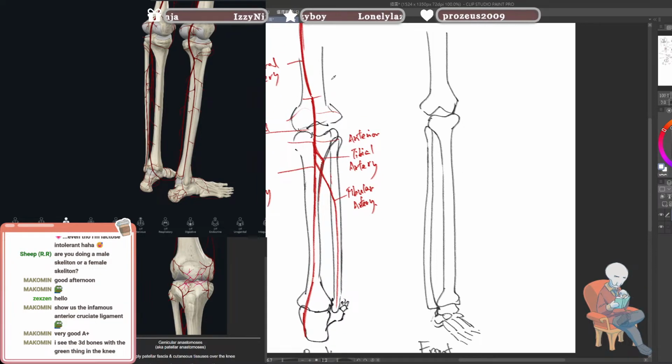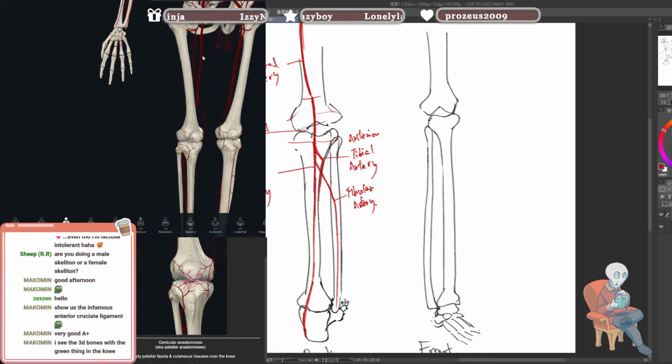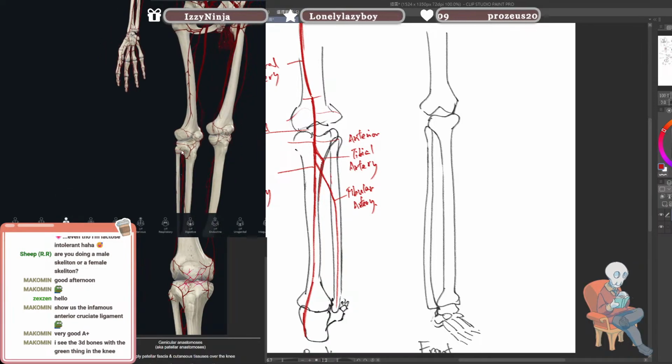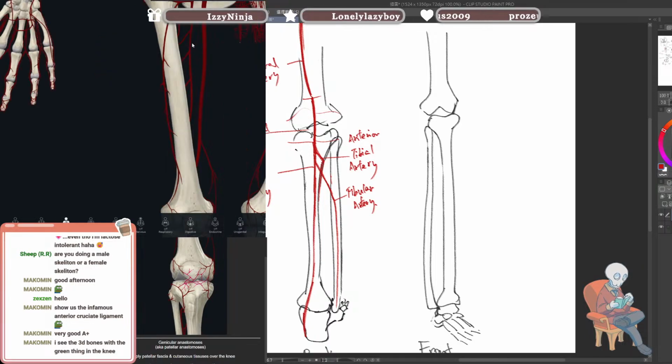And then go back to artery. It seems that the front of your femoral artery, right? It seems that the front of your thigh doesn't really have any big, thick arteries, is there? What is this? Descending branch of lateral circumflex femoral artery.